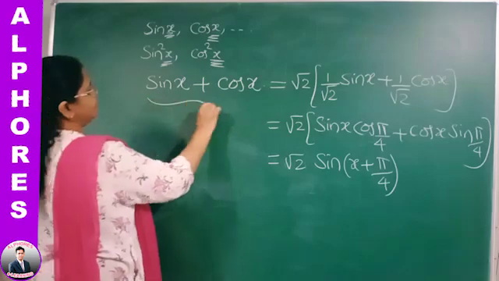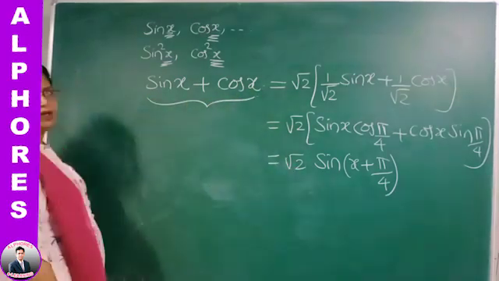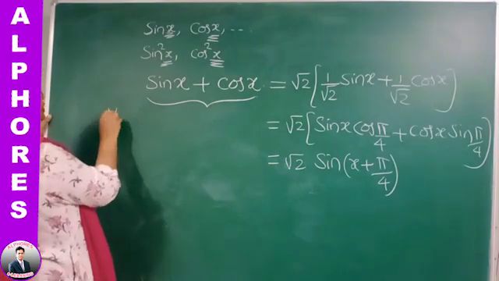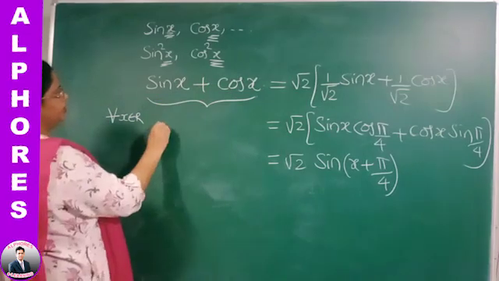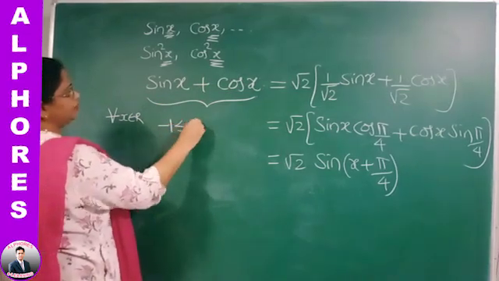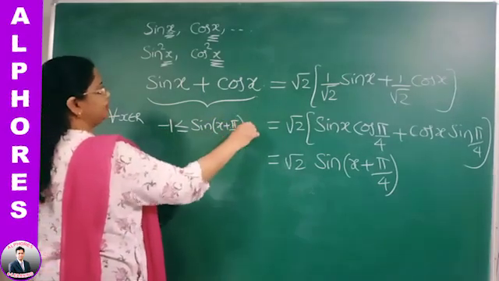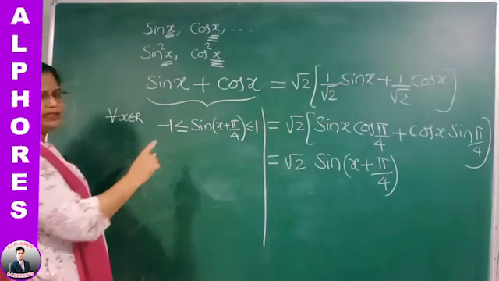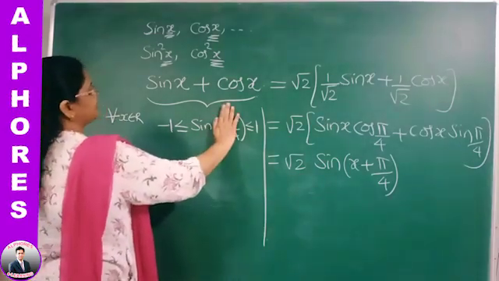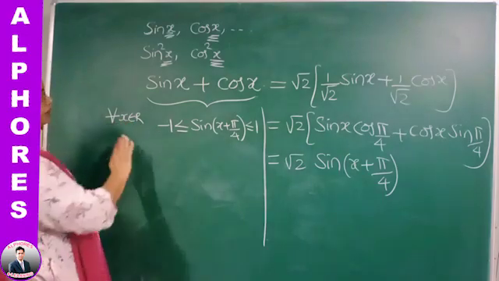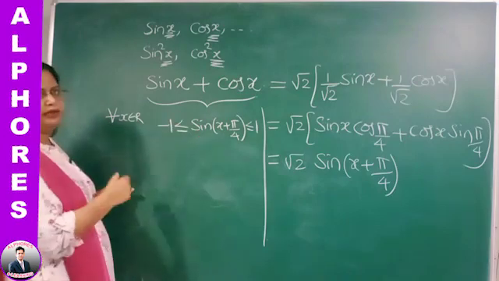Therefore, what is the range of this particular function? Again, I want to make use of this known value, that is sin. For all x belonging to R here, the domain is clearly all the real numbers. It is nothing but minus 1 less than or equal to sin of x plus pi by 4 less than or equal to 1, right? Because this is our known range value of sin. Don't worry about these values as long as the domain is real numbers. If the domain is something else, then you can observe what about the other values.